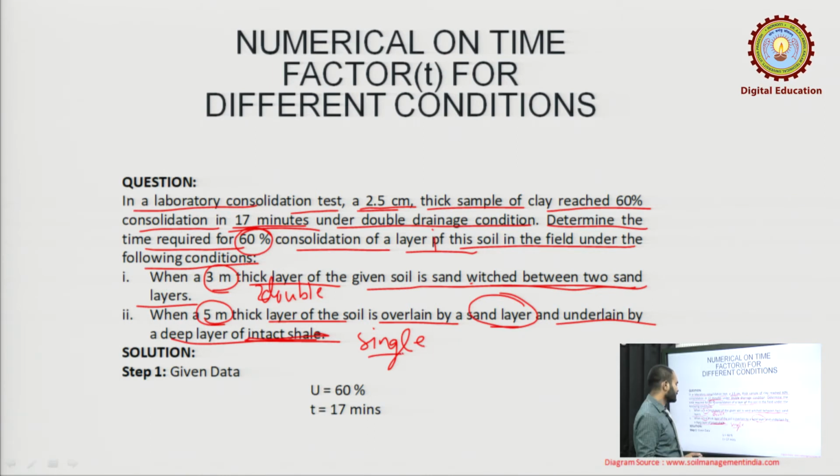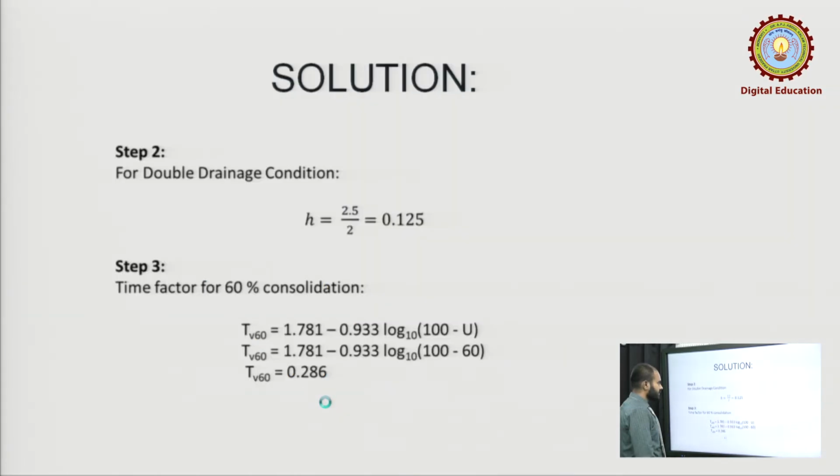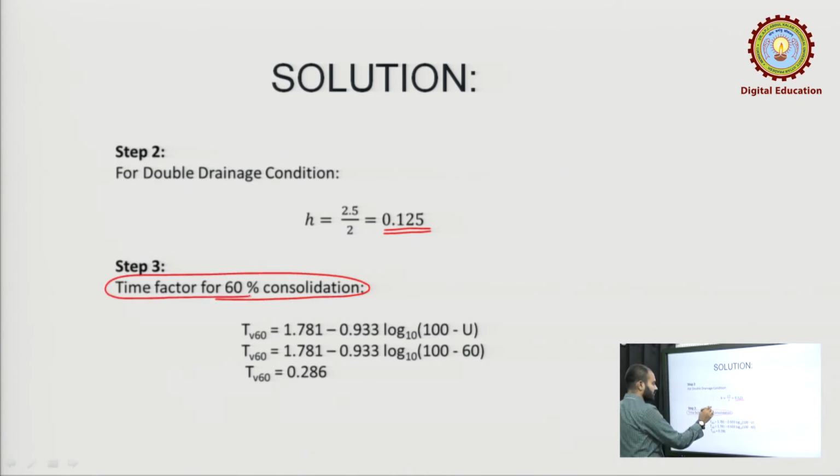Okay. Now, let us see the question. We are given with U and t already. Since there will be the double drainage, so it is 0.125, we just halved. Now, for 60% consolidation, we will be using the formula and calculating Tv to be 0.286.